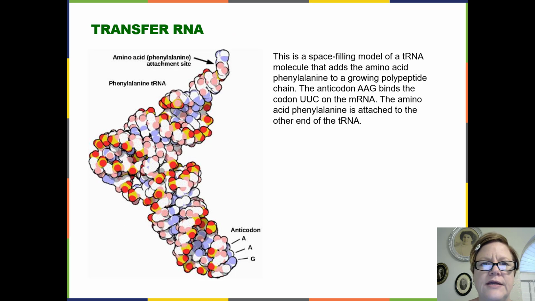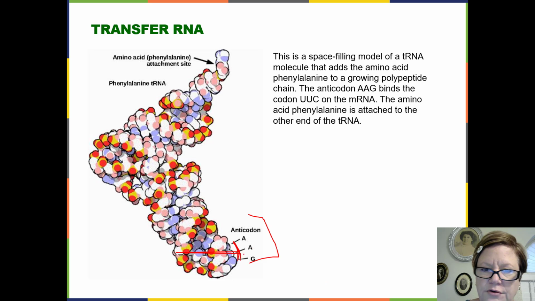So it gets a little complicated, but here's a space-filling model of a tRNA. At this end, there are 3 nucleotides. The whole thing is made of nucleotides, but these 3 nucleotides are special. They're in a particular position. And in this example, it's AAG.